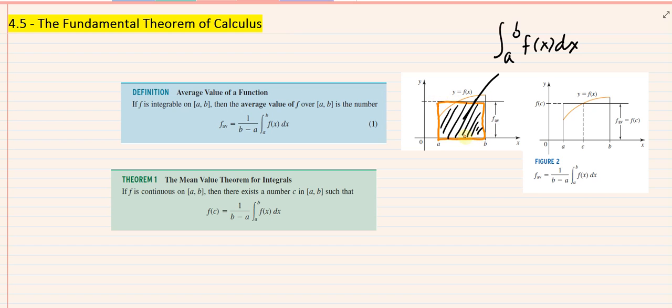And there you go. So this area is going to equal the area that I shaded earlier. Okay, so that would be the interpretation of this expression, of this definition.